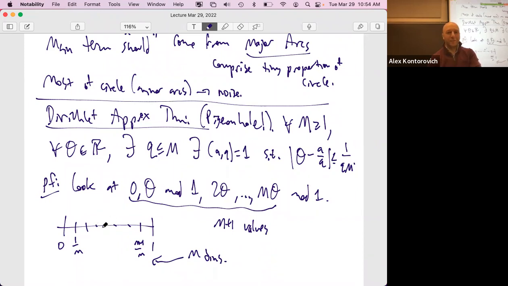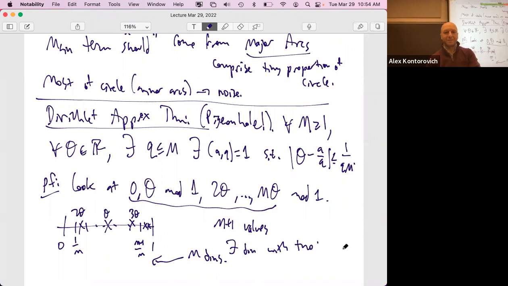And so wherever theta is, and then 2 theta is somewhere mod 1, and then 3 theta is somewhere, and so on, there has to be some bin with 2 values. So there exists a bin with 2 values.